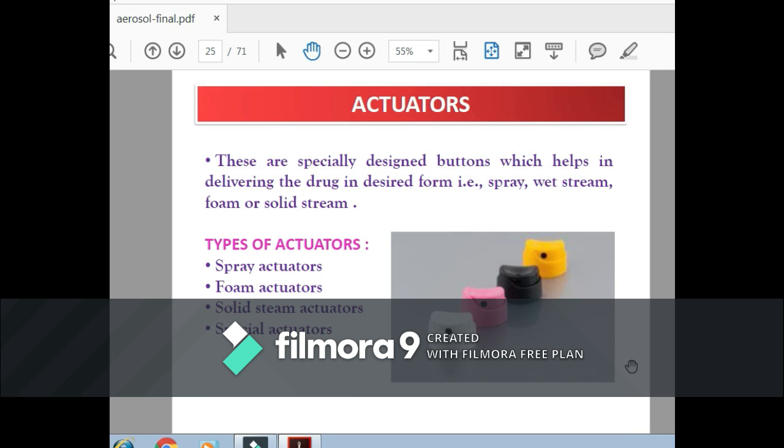Now actuator. Actuator is the topmost part of your aerosol container. I have shown the figures here. There are different types of actuator with the orifice. Depending on your required spray pattern, we can have different types of actuators. There are spray actuators, foam actuators, solid stream actuators, and special actuators.